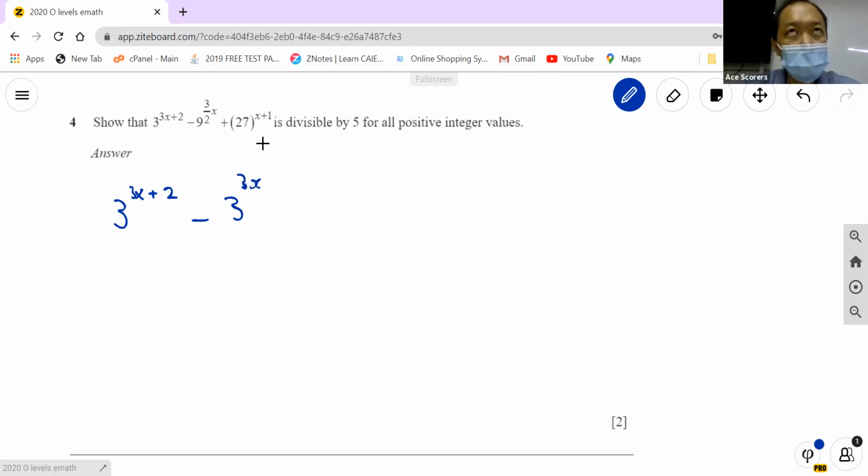And then 27 is 3 cubed, so plus 3 cubed times 3 to the power x.